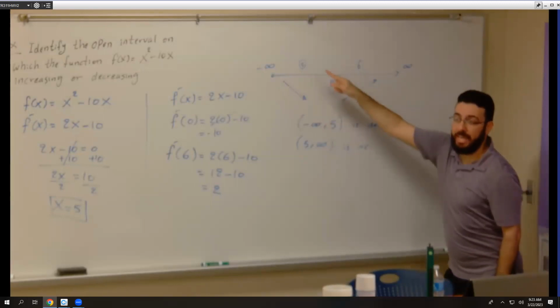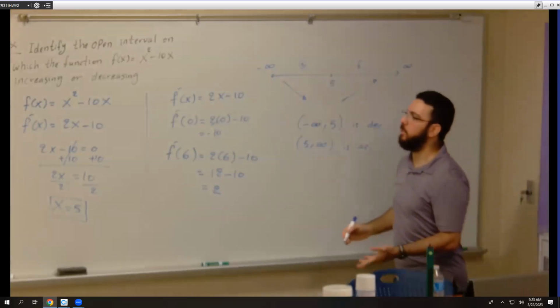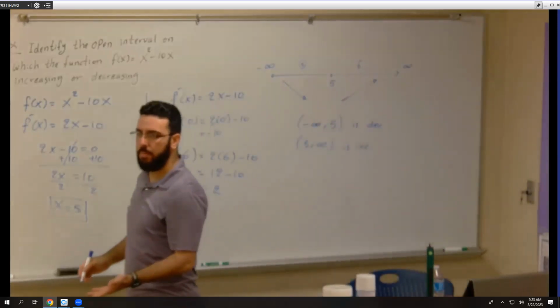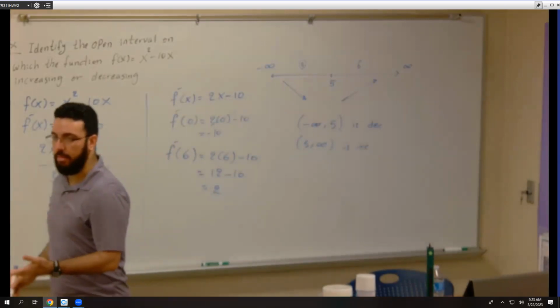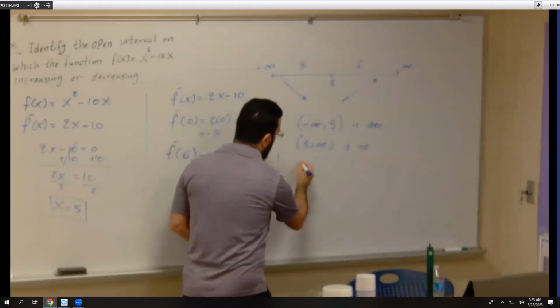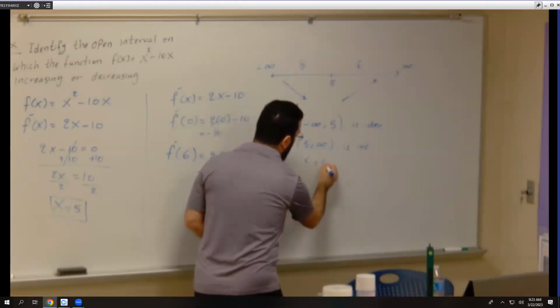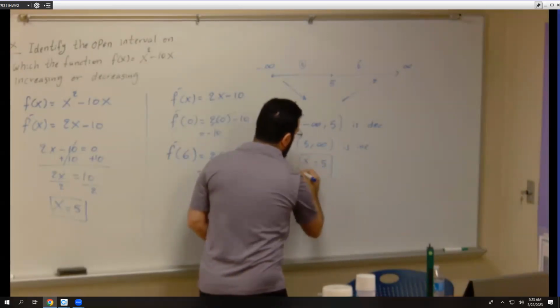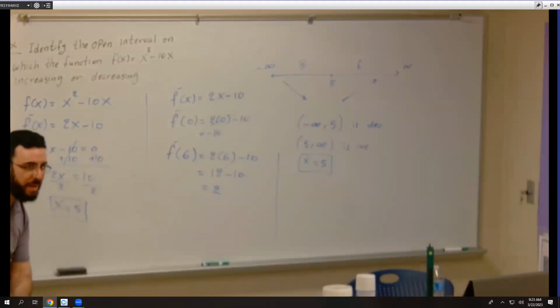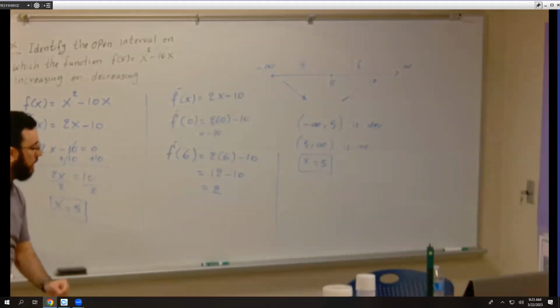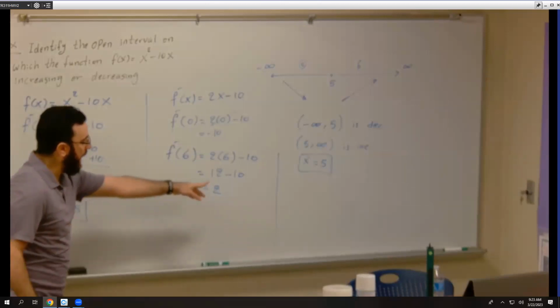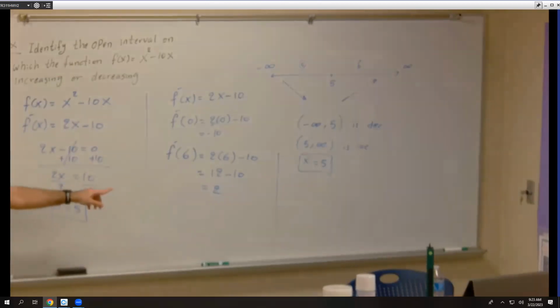Now, how are we going to find the relative minimum point if they ask you? I already know my critical number, x equals 5. I need to find the point where the function is at its lowest. I have the x, how am I going to find the y? Plug into the equation, the function, not the derivative, to find the y coordinate.